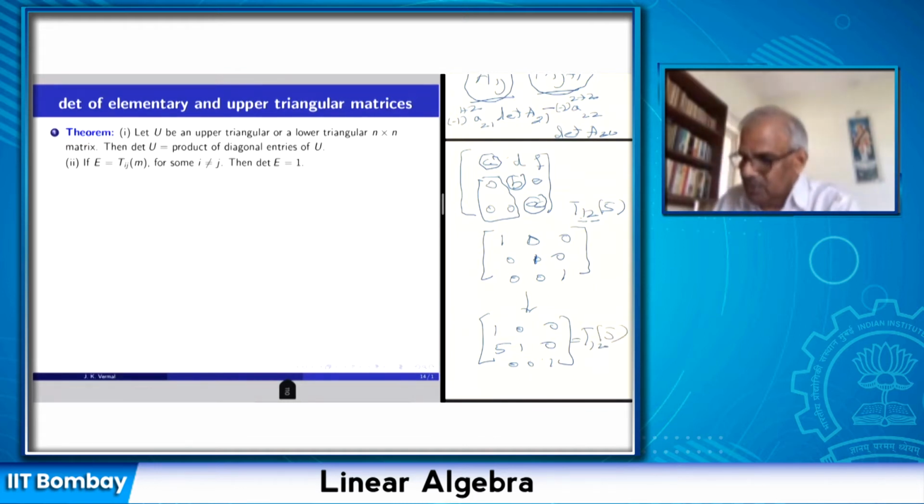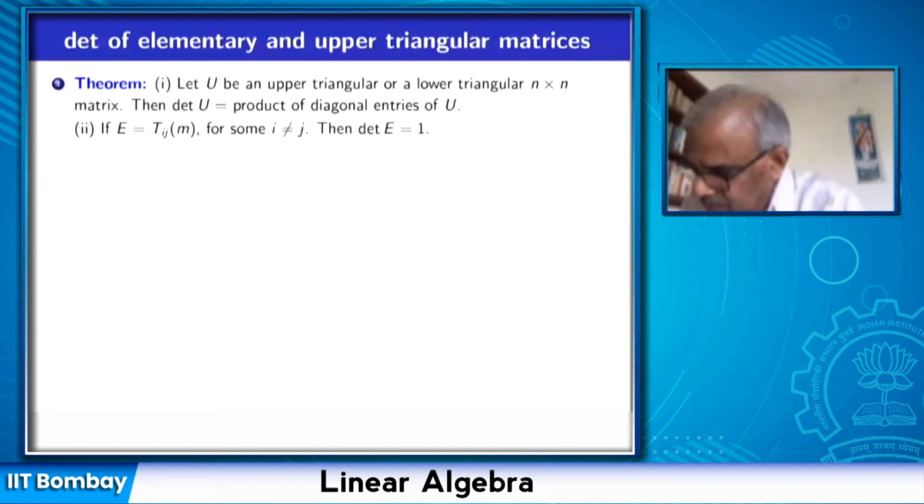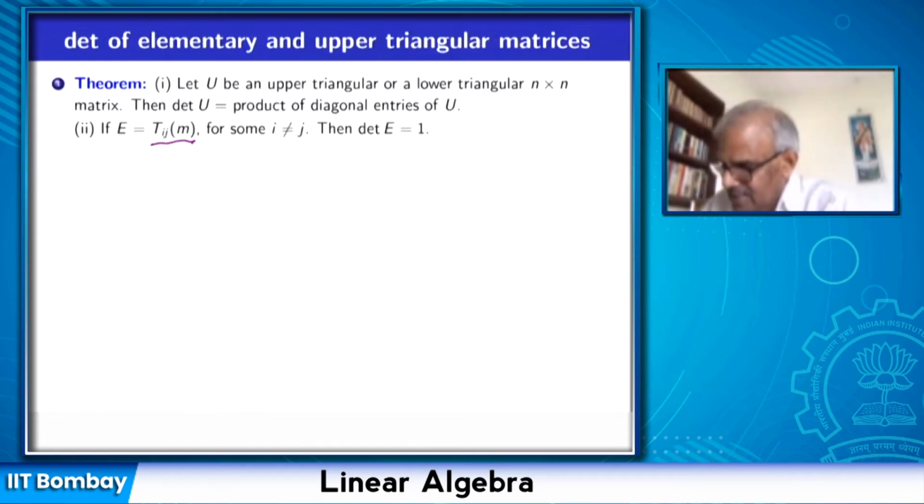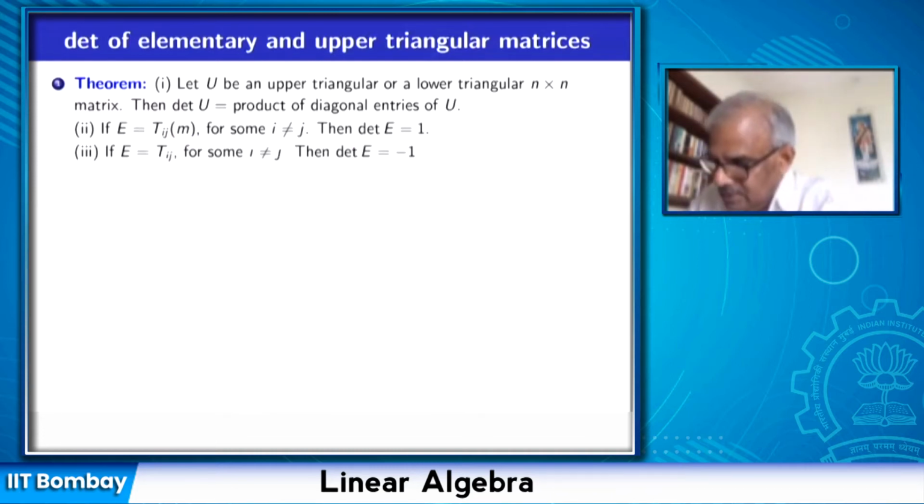So look at Tij(m). This is the elementary matrix where we have the ji entry as m, and other entries are like in the identity matrix, and i is not equal to j. Then the determinant of such a matrix is 1. Now take the elementary matrix obtained by interchanging the ith and jth rows of the identity matrix; its determinant is -1.